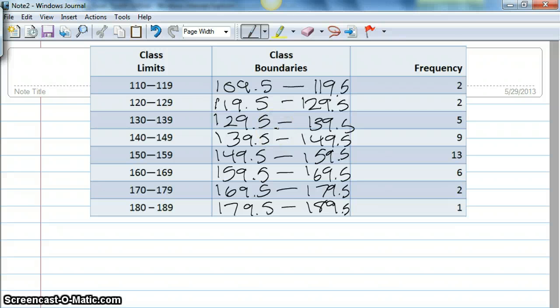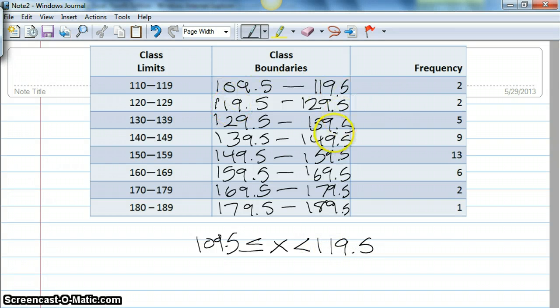Well, in order to figure out which one of those it's going to fall into, you need to decide what convention to use for these boundaries. In other words, if X represents a data value, or a measurement of radiation of strontium-90 in a child's tooth, then X will fall in the first class if it is greater than or equal to 109.5, but strictly less than 119.5.